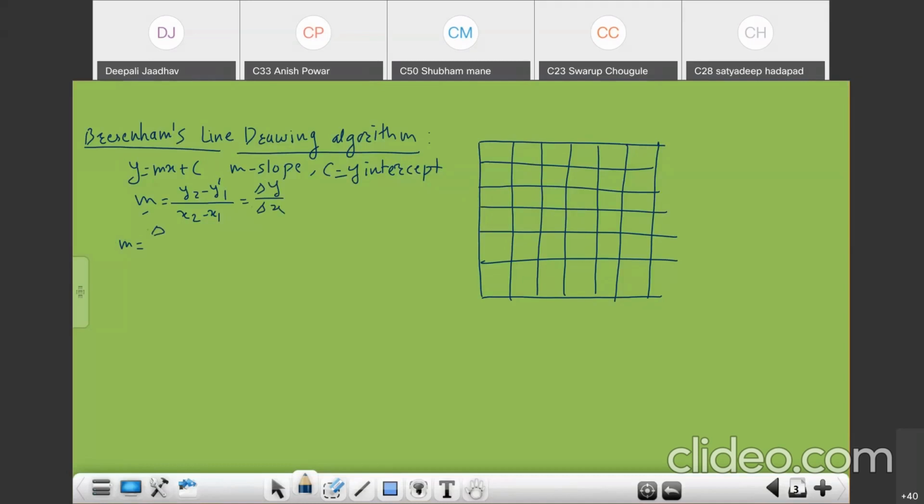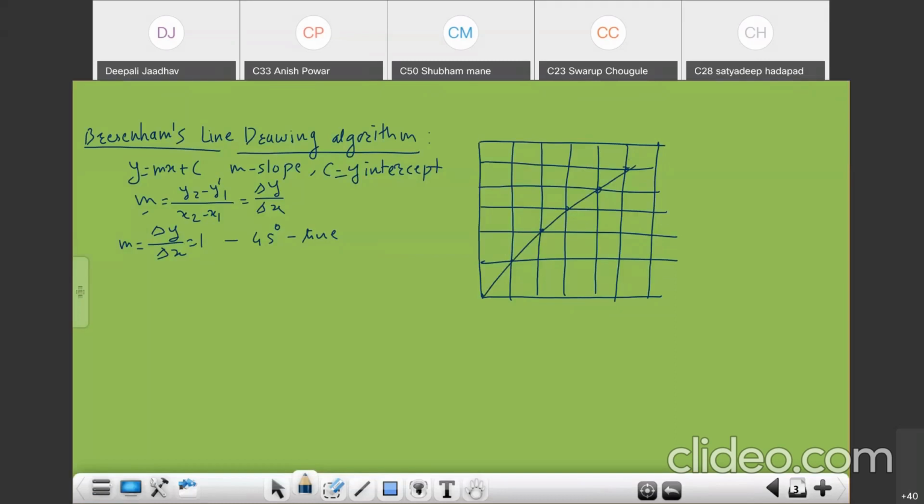If this delta y upon delta x is equal to 1, then the line is at 45 degrees. We can see here it is at 45 degrees, through this pixel, this pixel, this one, this one. In this way, if the slope is 1, the line is always at 45 degrees.